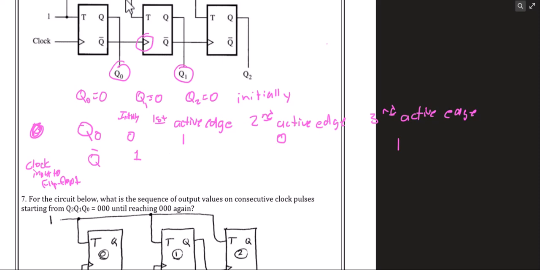So at the first active edge, it's changing to 0. Because it is changing to be the opposite of what Q0 is. At the second active edge, it's changing to 1.